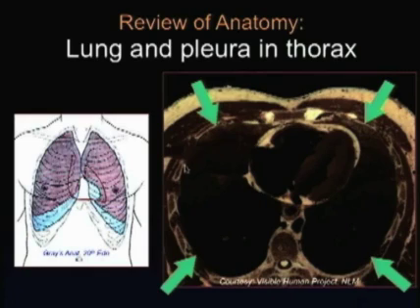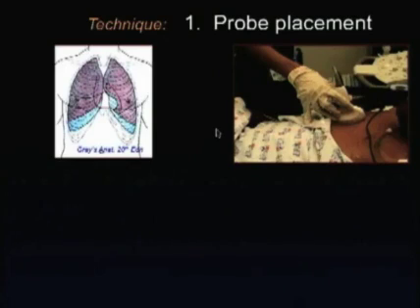And in the living state, these two layers slide past one another every time any of us takes a breath. And this finding can be identified on ultrasound and is the basis of the diagnosis of pneumothorax, which will be the absence of this sliding. So here is the fundamental anatomic picture.